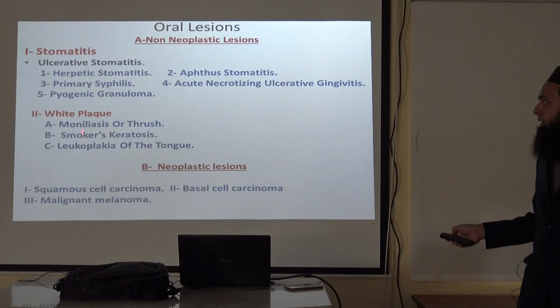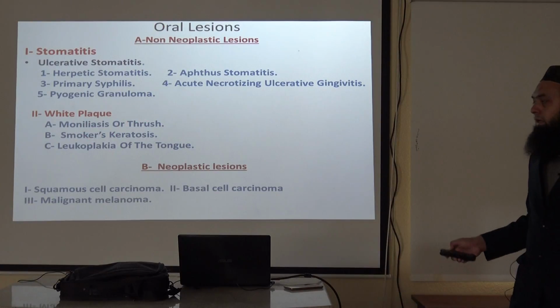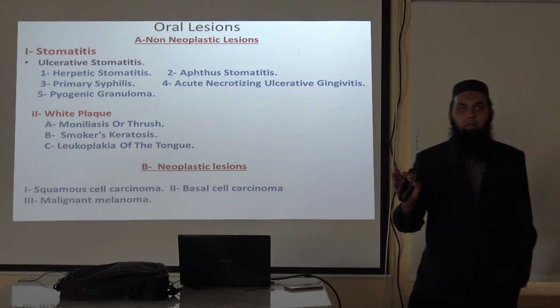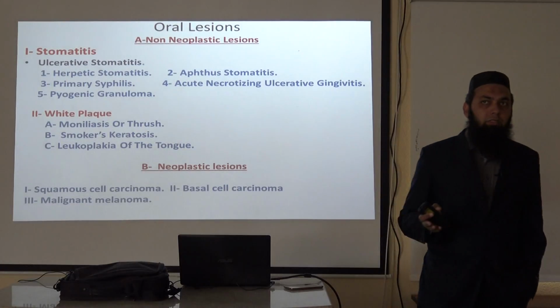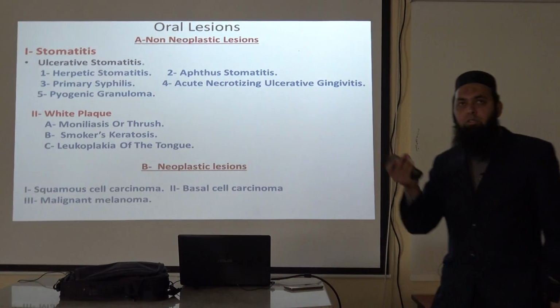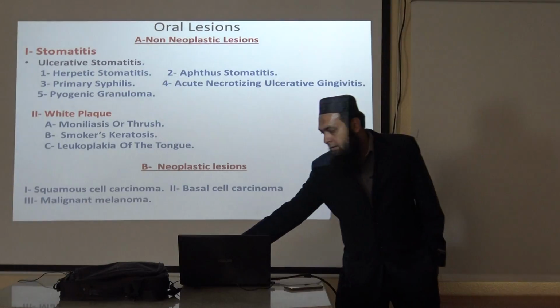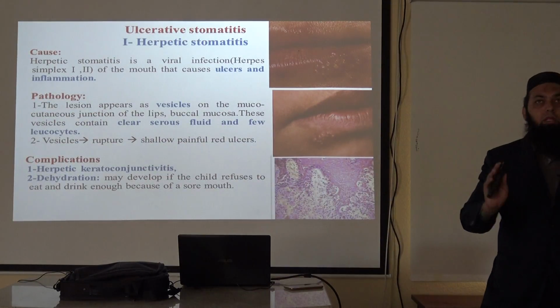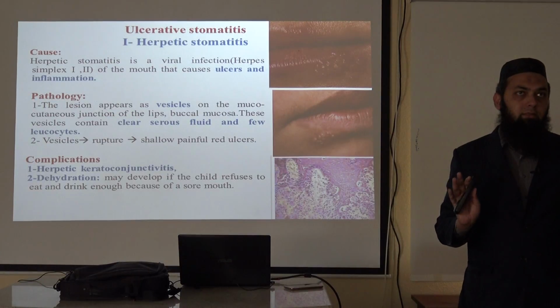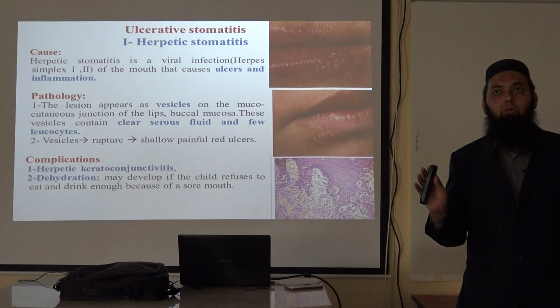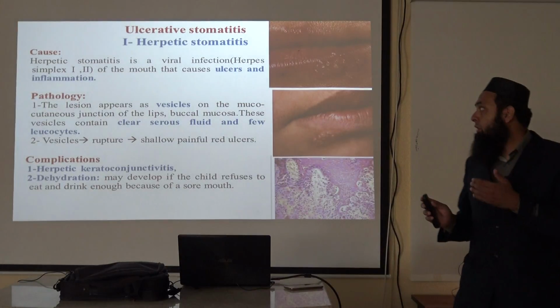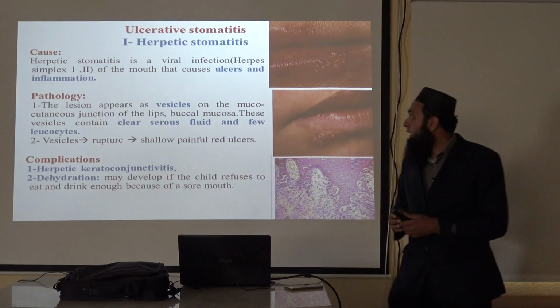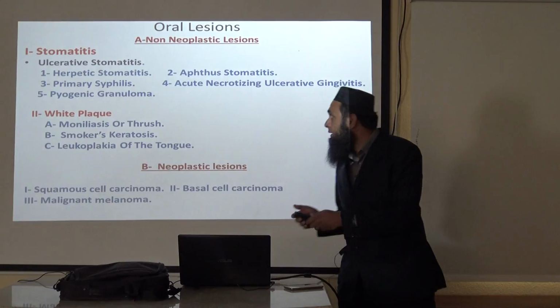And the white plaque is divided into three categories. So it will not be very cumbersome or very difficult, inshallah, if you just focus on the main points. Number one, we are starting with non-neoplastic, non-cancerous lesions. As I have told, we will not focus on cancerous, we will focus on the non-cancerous. So we are here, ulcerative.